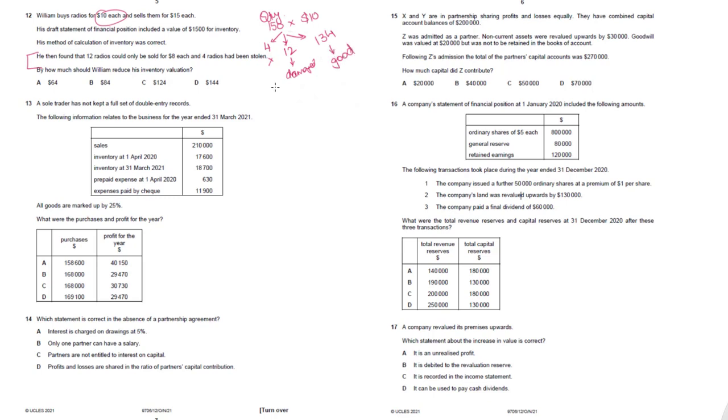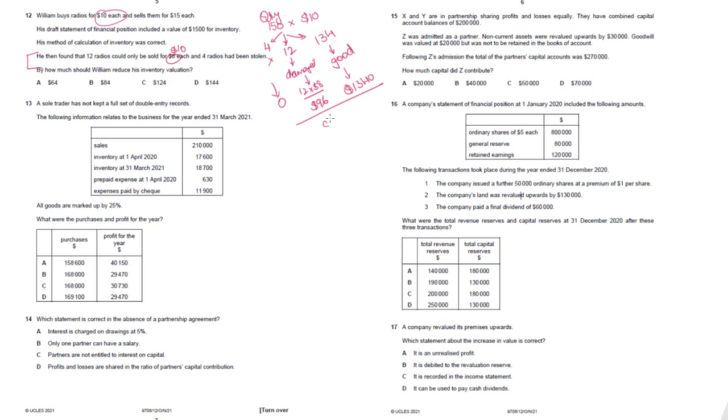So now let's calculate the correct value of inventory. The 4 units that are stolen will have 0 value. The damaged units of radios will be valued at either cost or NRV, whichever is lower. Cost is $10, NRV is $8. So these 12 units will be valued at $8 per unit, which gives us $96. And the remaining 134 units you will continue valuing at $10 per unit, so 1,340.